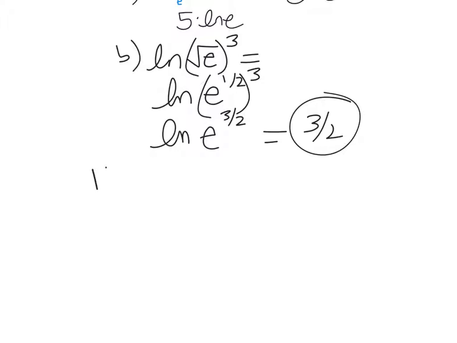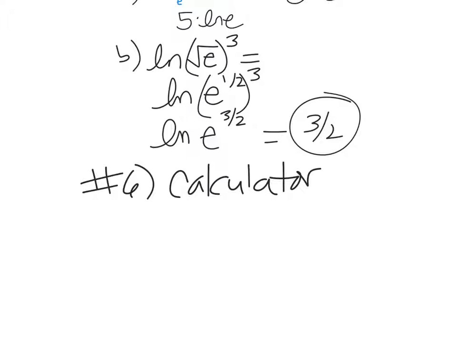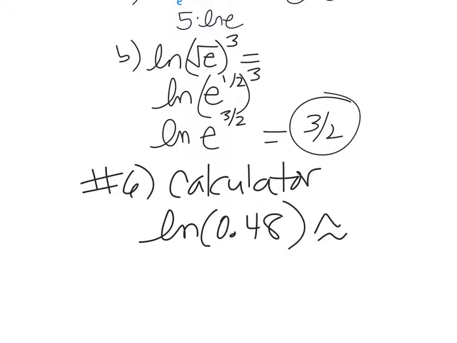So number 6, evaluate on your calculator, because your calculator has the natural log button. Let's just do one of them. We don't even need letter A. Let's do the natural log of 0.48, and we're going to round to 4 decimal places, like we do for logs. 3 or 4, it depends what they ask for.